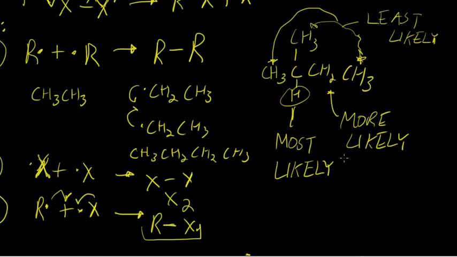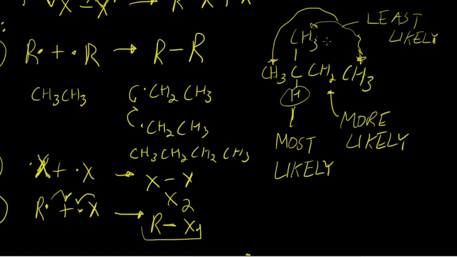And of course, the product distribution is actually also dependent on the number of hydrogens at each position. These are equivalent. These are primary hydrogens. So each one is among the least likely to be abstracted. But there are 6 of these. These are also primary hydrogens, but they're an additional carbon away from this branch point.